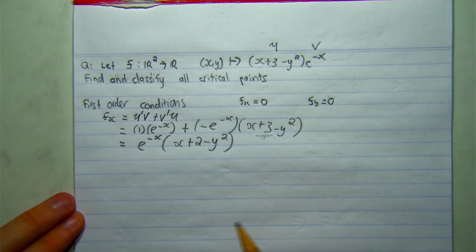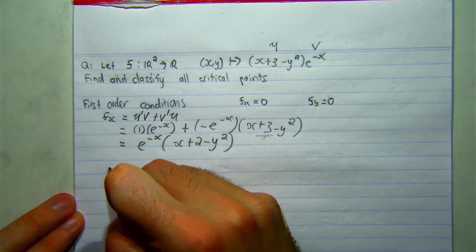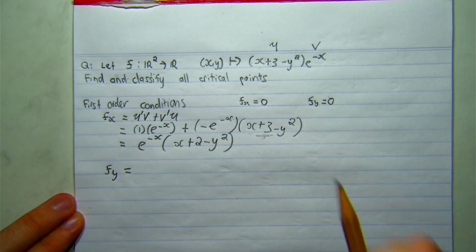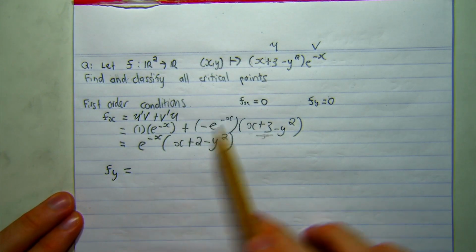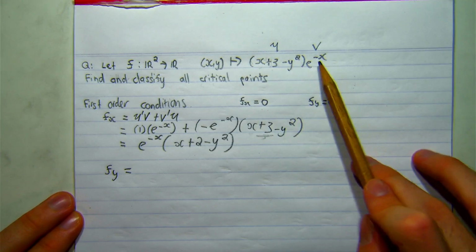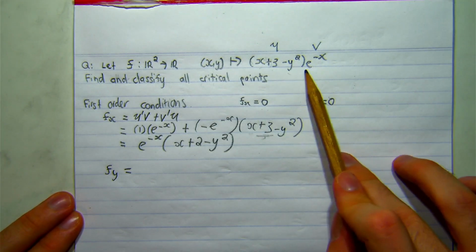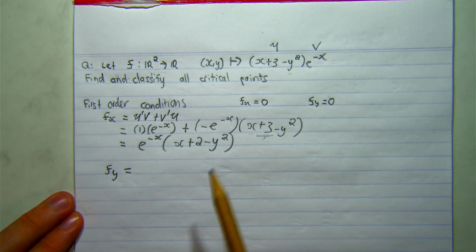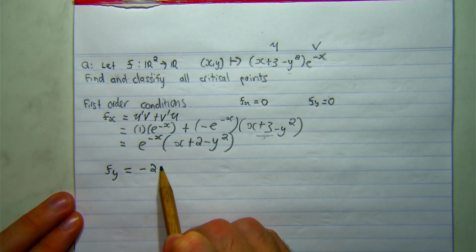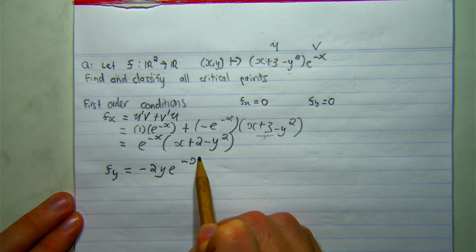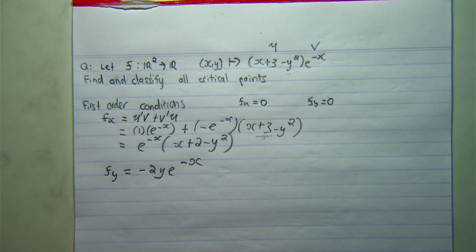All right, easy. And then fy is equal to the derivative of this with respect to y. If we expand this out and then differentiate with respect to y, we'll get minus 2y e to the minus x.